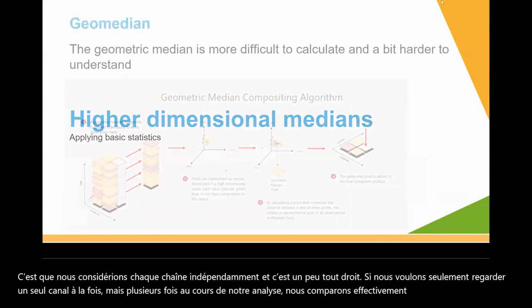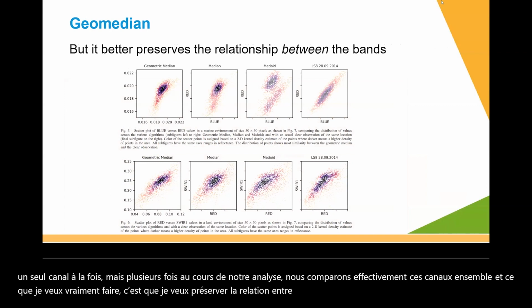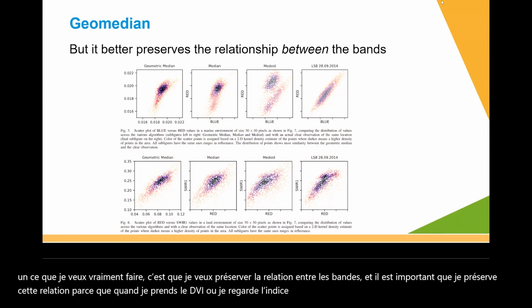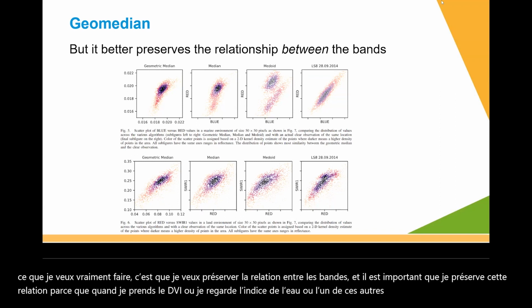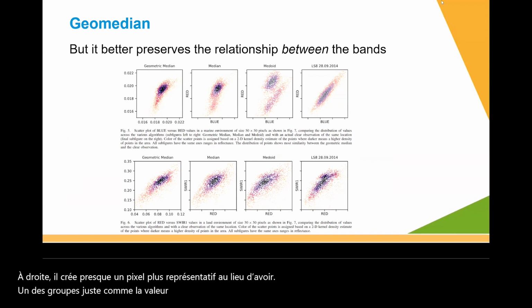And what I really want to do is preserve the relationship between the bands. It's important that I preserve this relationship because, when I take the NDVI, or I'm looking at the water index, or one of these other indices, it creates a more representative pixel, instead of having one of the bands, like the blue value, be very, very off compared to the change in the other values, for instance.